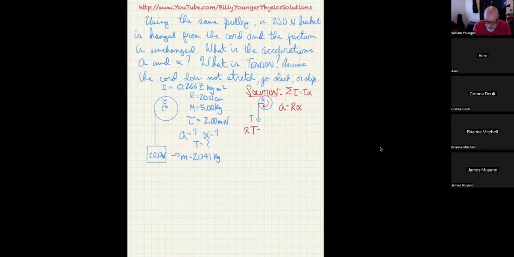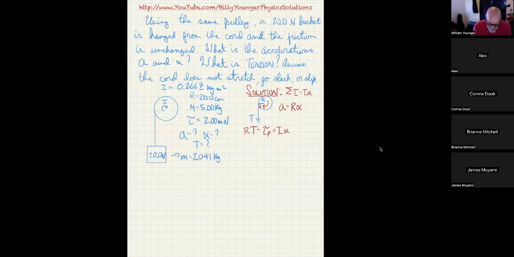Notice the tension and the lever arm are perpendicular to each other. Okay, so RT is the torque, minus the torque due to friction, is equal to I, which we already know, times alpha.